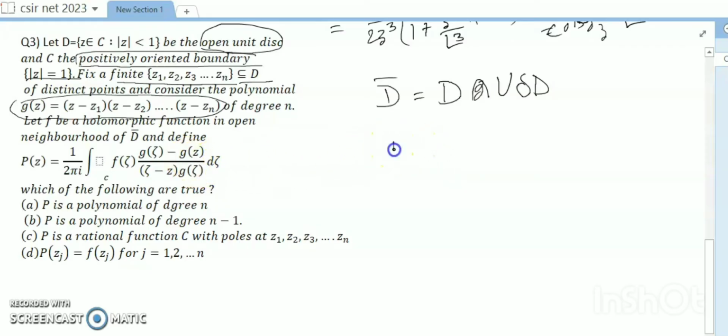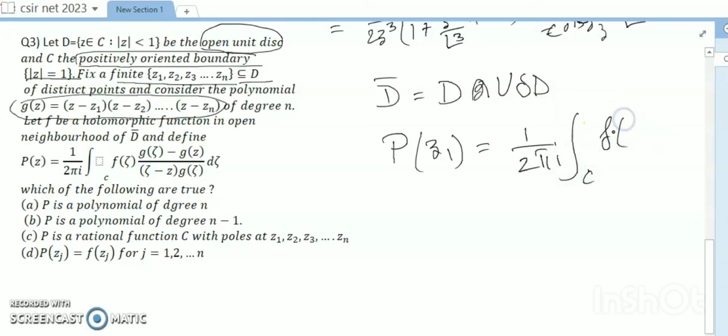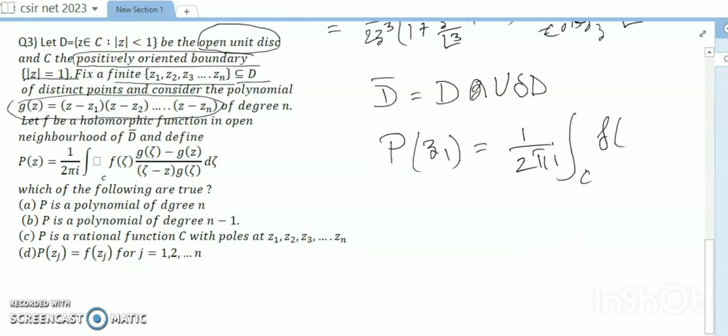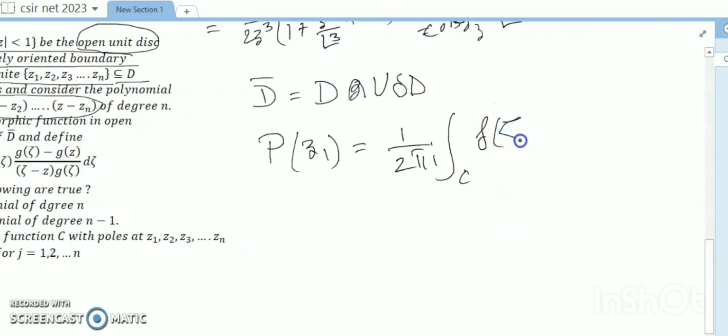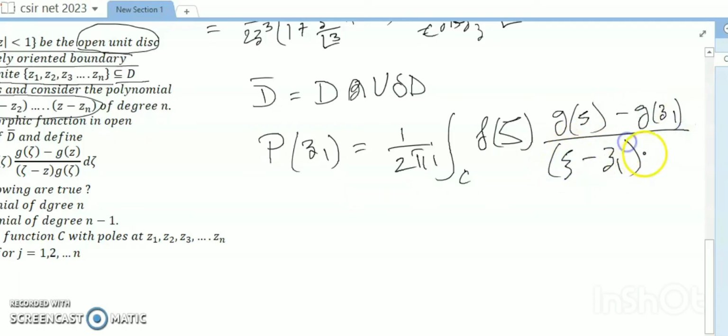At first I have to discuss p(z1). Suppose I am putting z1, so whatever I get, 1 by 2 pi i, this is my formula, closed integral of f. Now I can write it with ξ: g(ξ) minus g(z1), divided by ξ minus z1, times g(ξ).